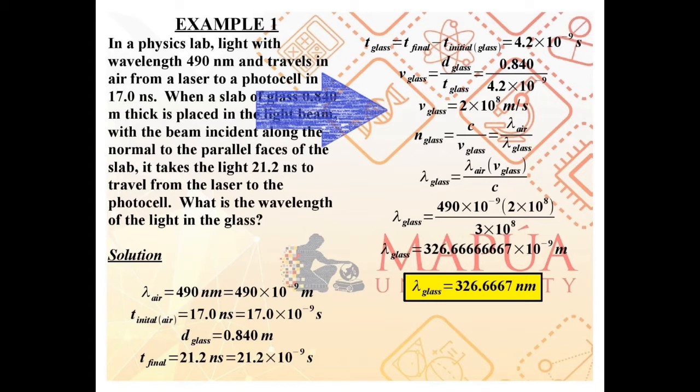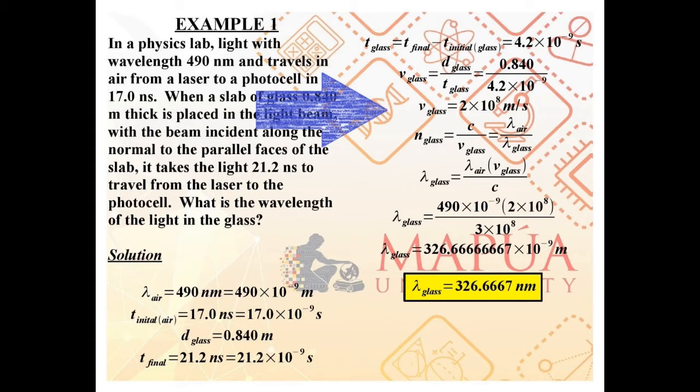Now it's clear that the time of travel in the slab of glass is given by T final minus T initial. It's the difference between the time of travel in the initial case and the final case. That is 4.2 times 10 to the negative 9 seconds.